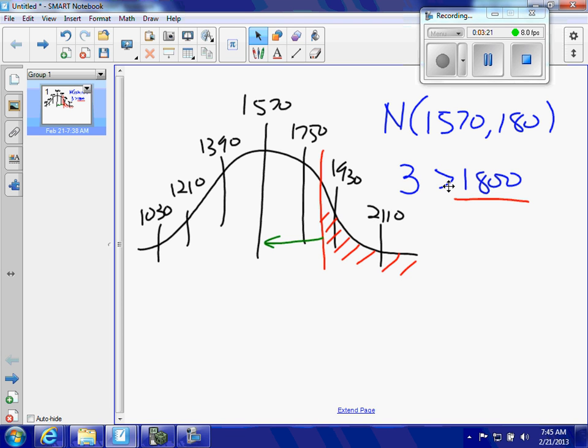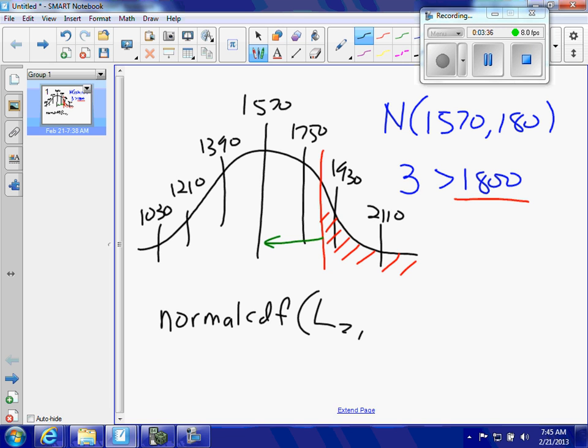That's not a bad idea, because if I know my z-scores, I can do my normal CDF with my left z and my right z, and that's going to give me my percentile. Remember that? So let's do it.